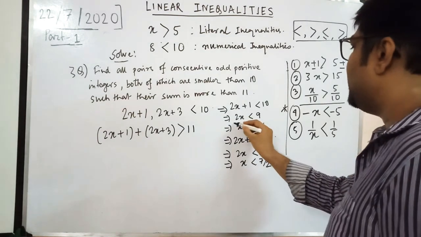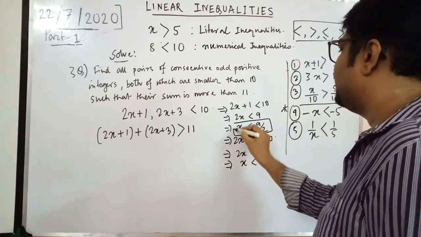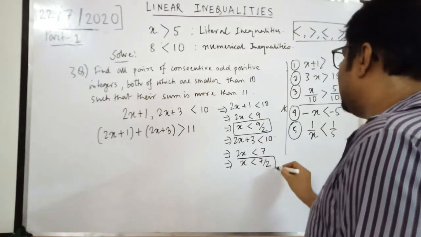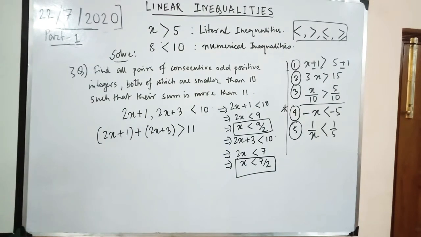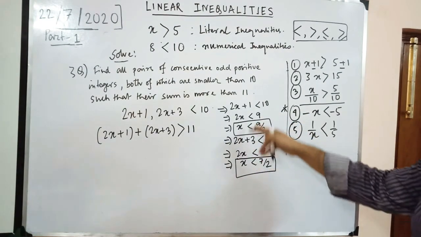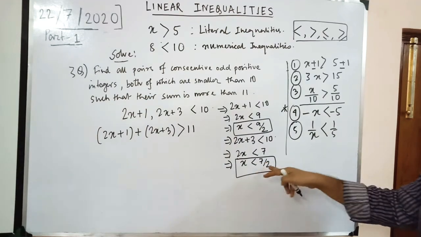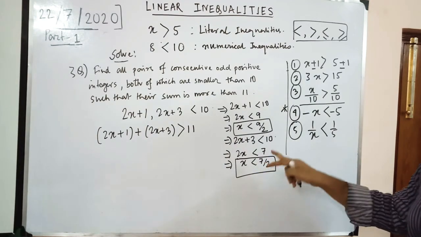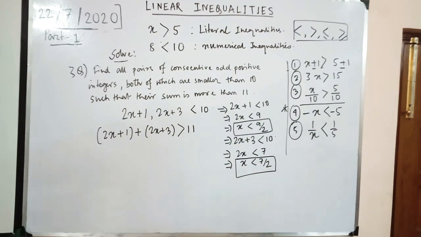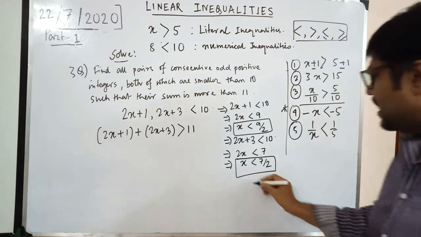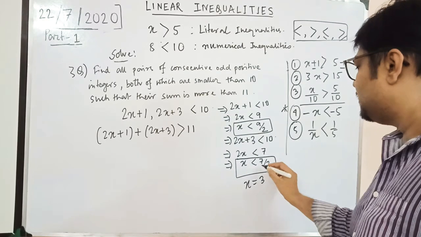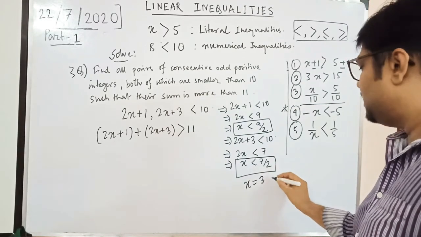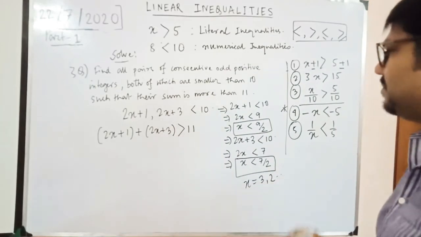So here you get x lesser than 4.5 and here you get x lesser than 3.5. So if you take the common of both, this is the thing to be considered, x lesser than 7 by 2, that means 3.5. So x, you can say x is equal to some kind of numbers like 3, because this is 3.5, 3, 2, these are the numbers.